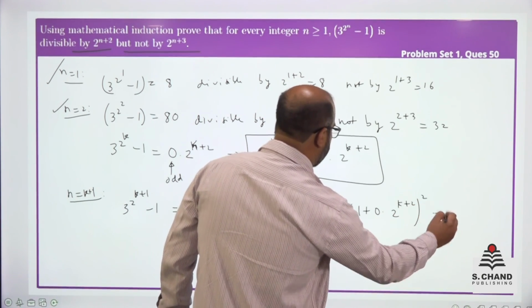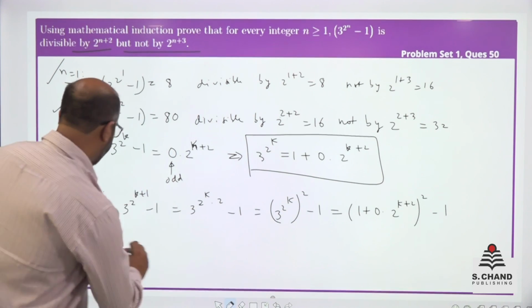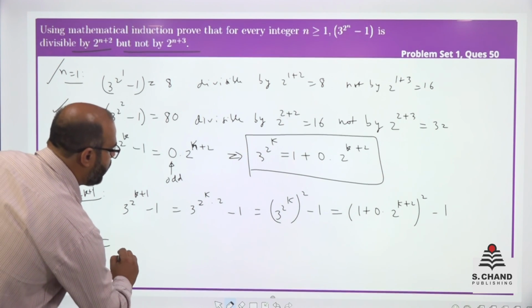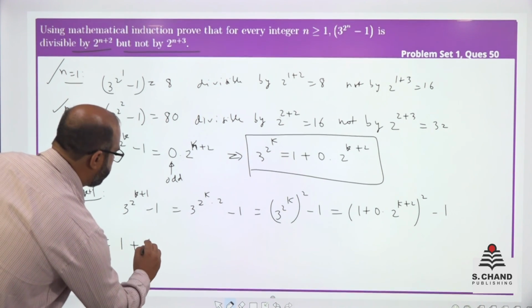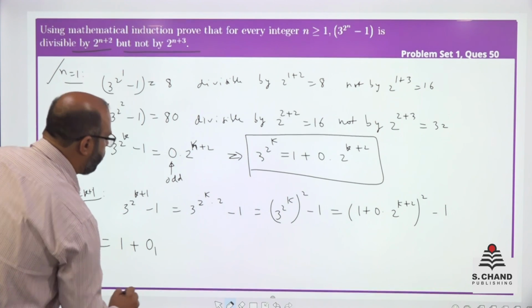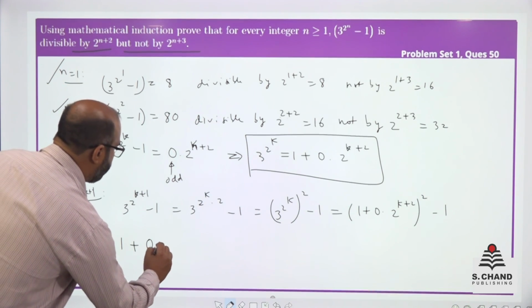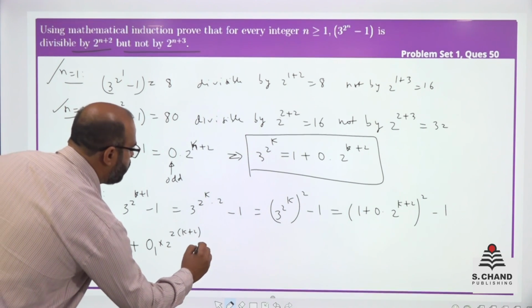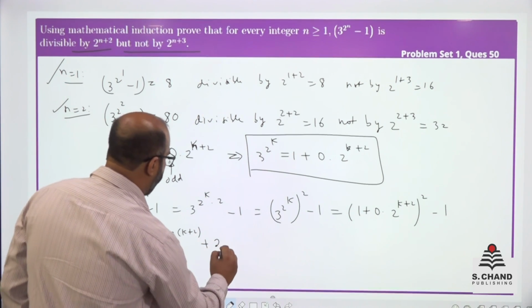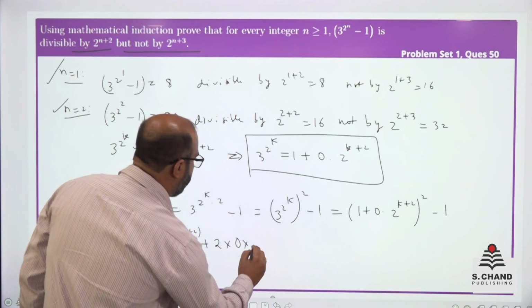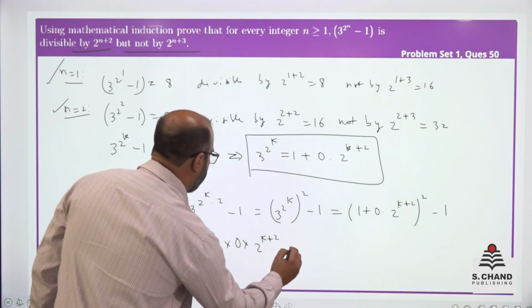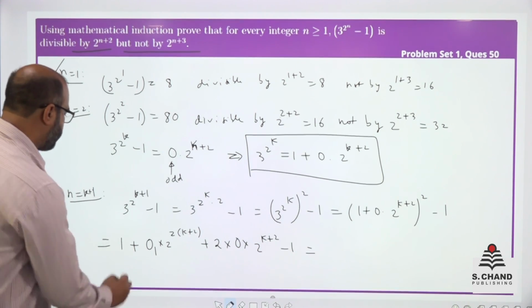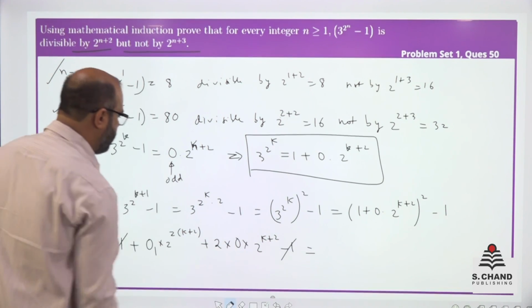So square of this minus 1. Now when we square, 1 plus odd square is odd only, odd 1 I can take, into 2 to the power 2k plus 2, plus 2 times odd into 2 to the power k plus 2, minus 1. So these two get cancelled.